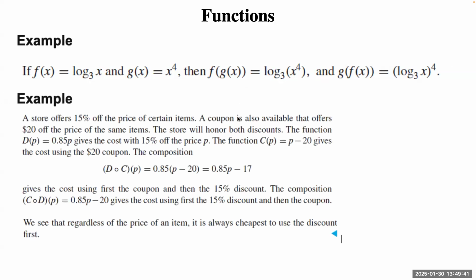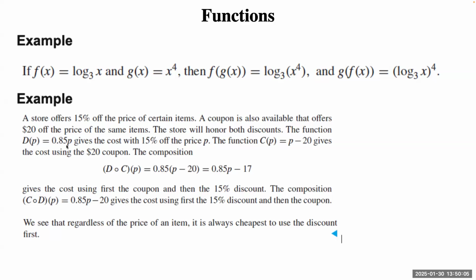Here's another example. Suppose a store offers 15% off the price of certain items. A coupon is also available that offers $20 off the price of the same items. The store will honor both discounts. So the function D of p is 0.85p.